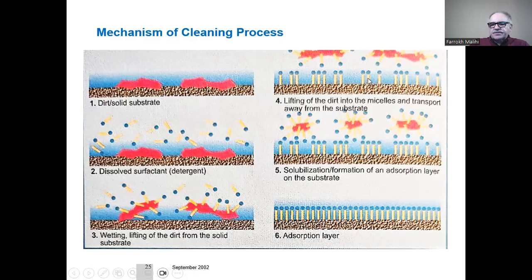Initially, surfactants are adsorbed at the surface of the fabric and the surface of the soil, thereby helping detachment of soil from the fabric surface and then emulsifying it so that it can be discharged while washing. And finally, there is surfactant adsorption at the surface of the substrate or fabric, and this is basically removed by rinsing.